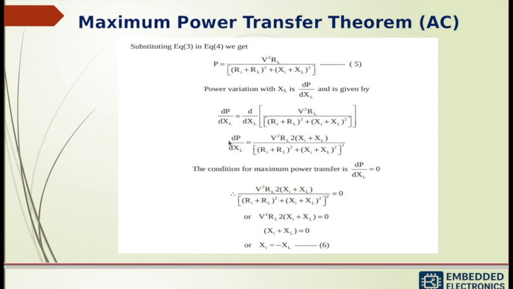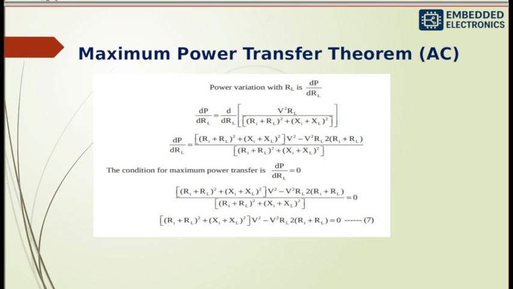The condition for maximum power transfer: when dP by dXL is 0, then power is maximum. So substitute 0 here, then it will become like this. Move this to the right side, then you will get only this part. Now move this also to the right side, then it will become like this. Now Xi equals minus XL.